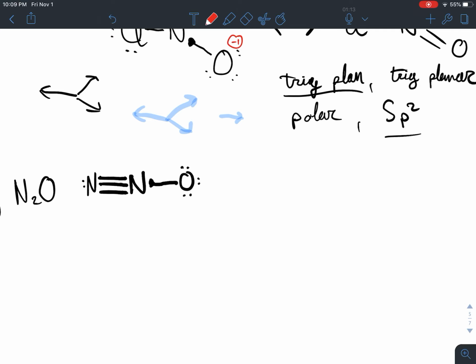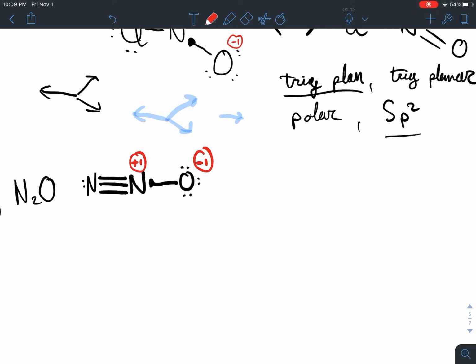Oxygen wants 6. It has 6 with lone pairs and 1 covalent, so -1. Nitrogen wants 5. It has 4 on the central one, so +1. This nitrogen has 5 and it wants 5. So it's overall neutral, so it's valid.